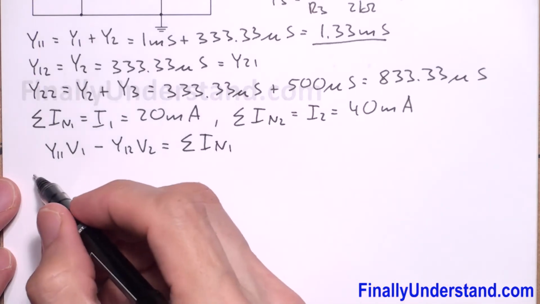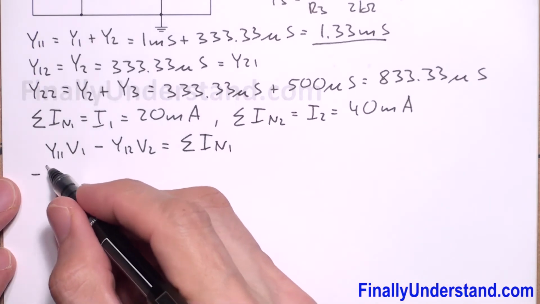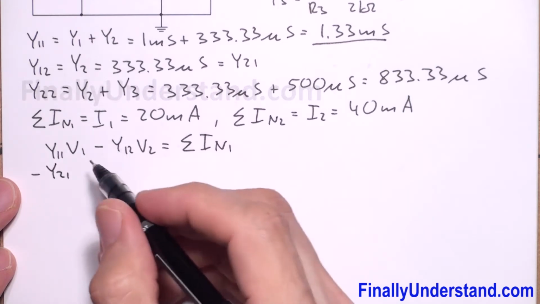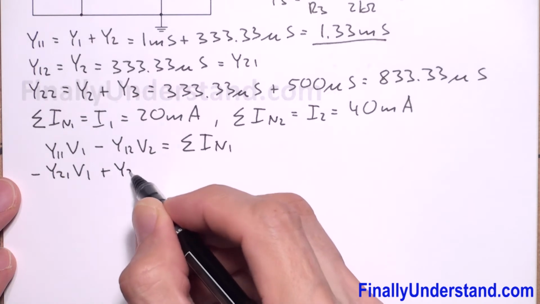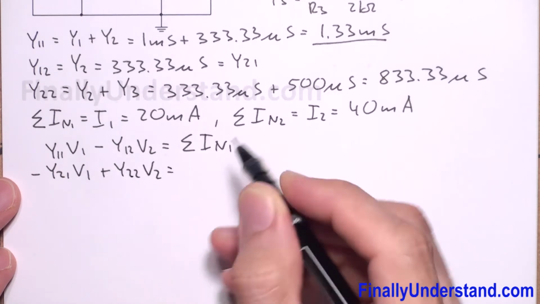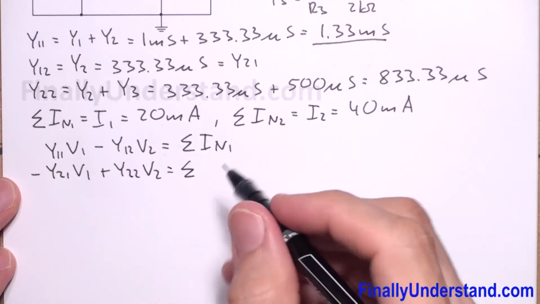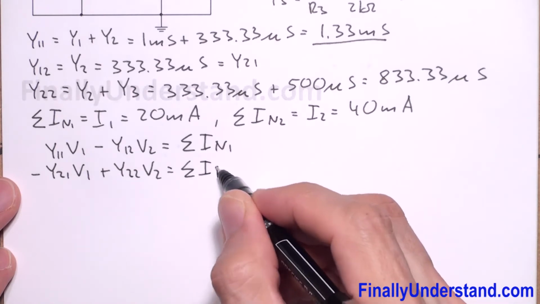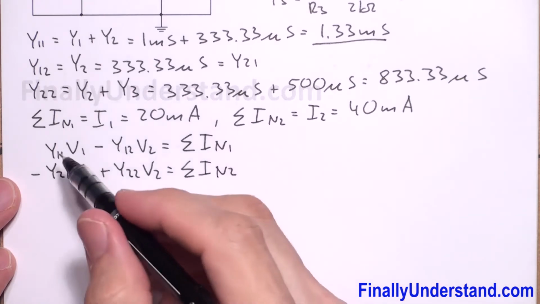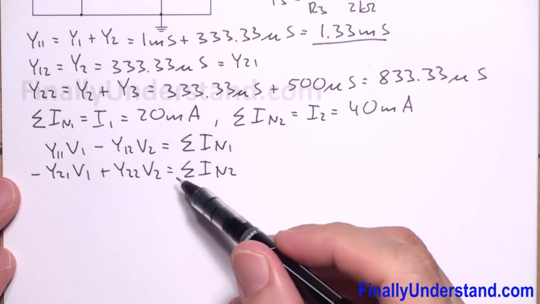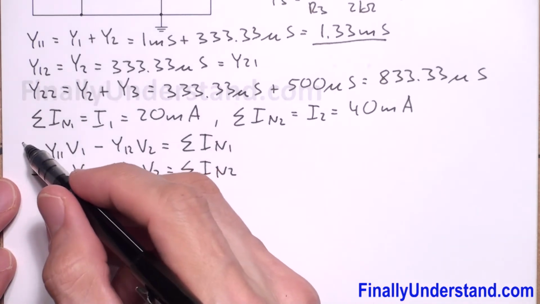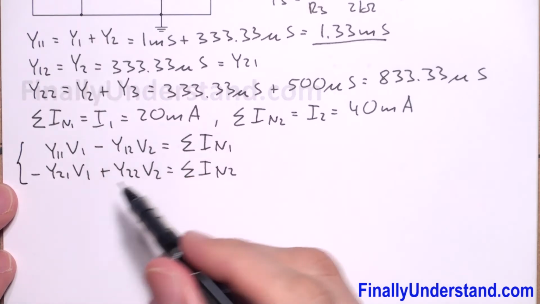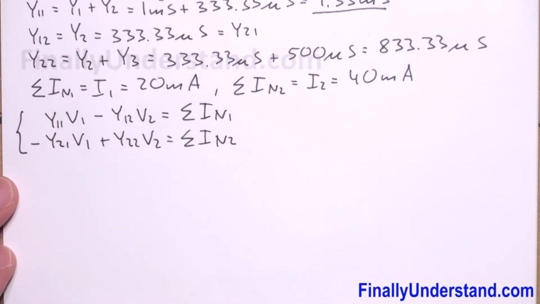Okay, and I have negative Y21 V1 plus Y22 V2 is equal to the sum of the currents going to the node 2. Okay, so this is the general formula, and this formula is going to work all the time. So in order to make the long story short, you can use this formula all the time.